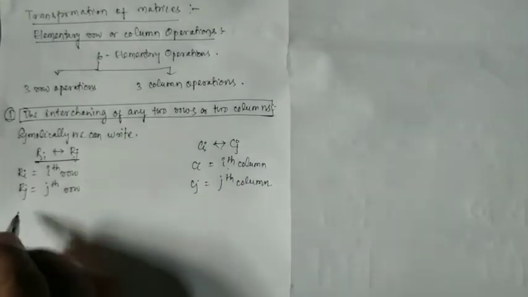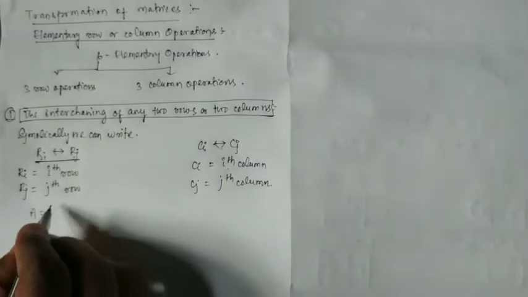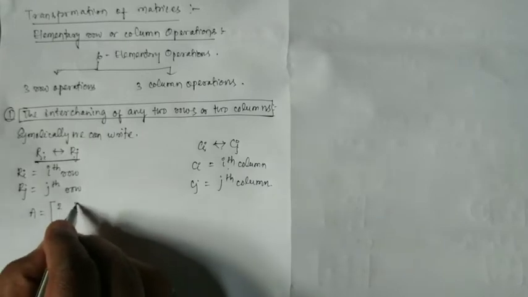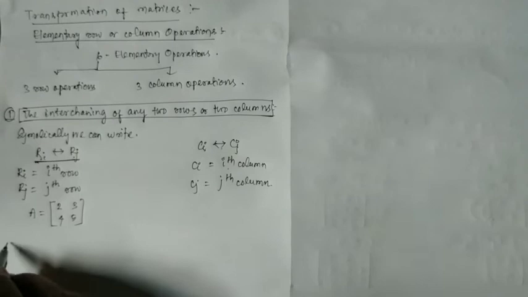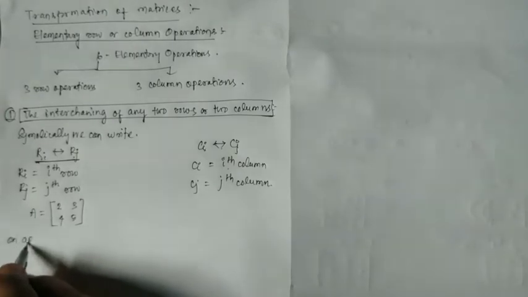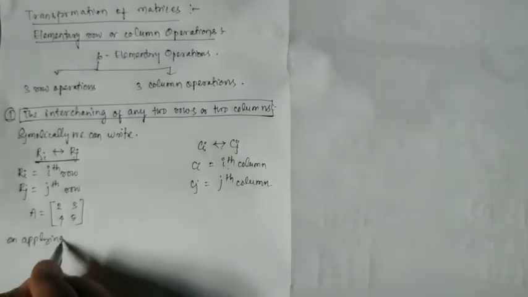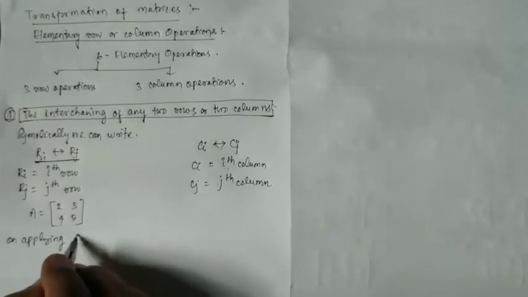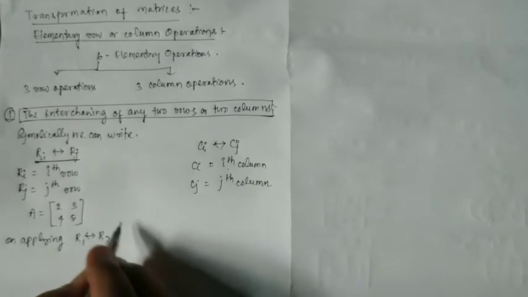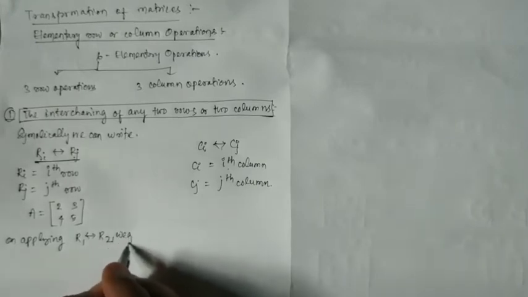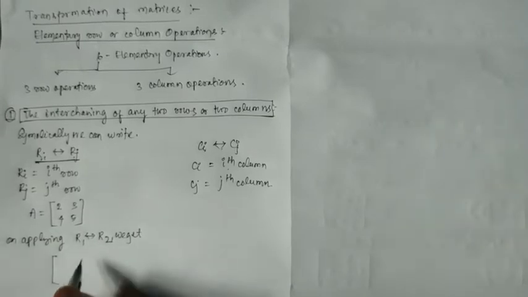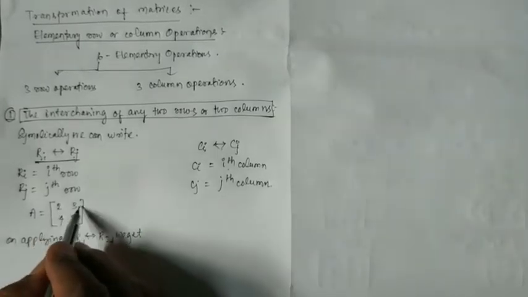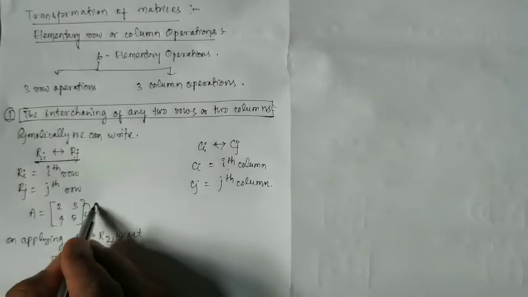Let's take an example here. Let A be the matrix 2 3 4 5, a 2 cross 2 matrix. On applying the row operation R1 interchanged with R2, we get a transformed matrix as here, the row 1 interchanged by row 2.